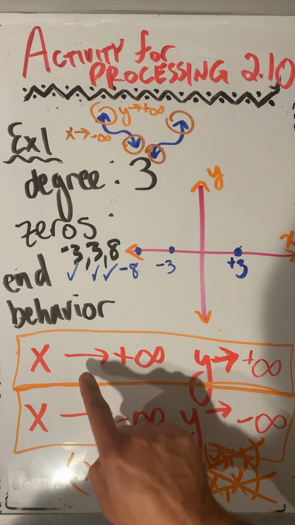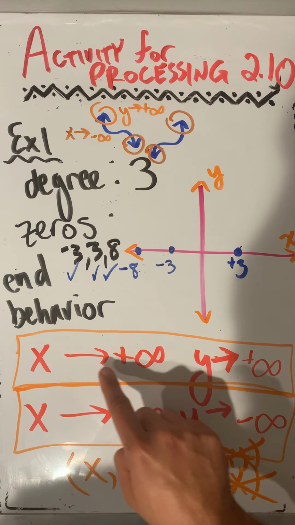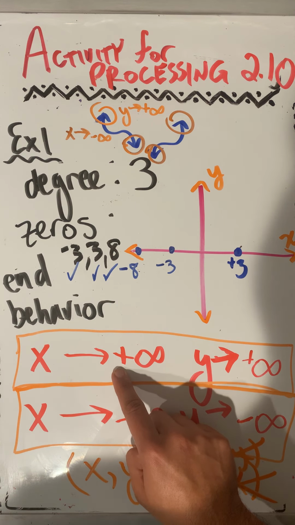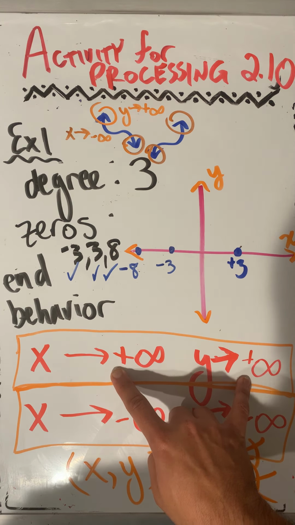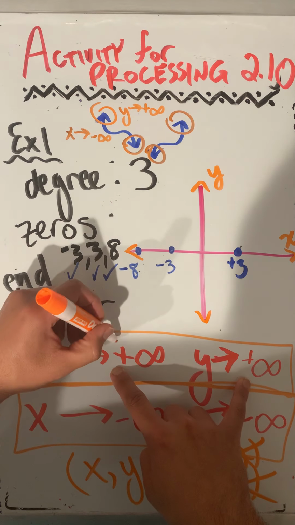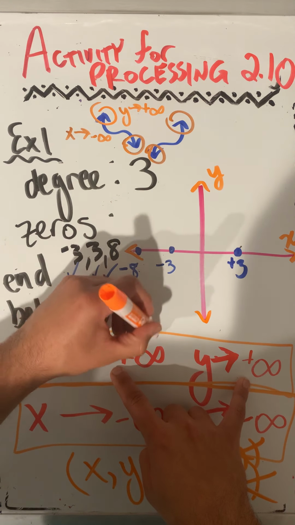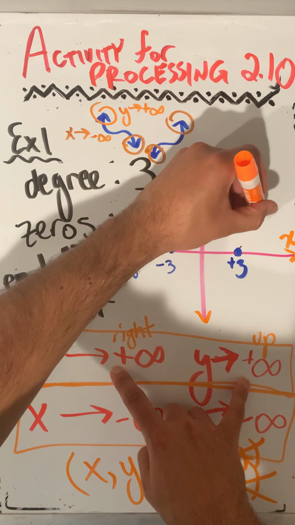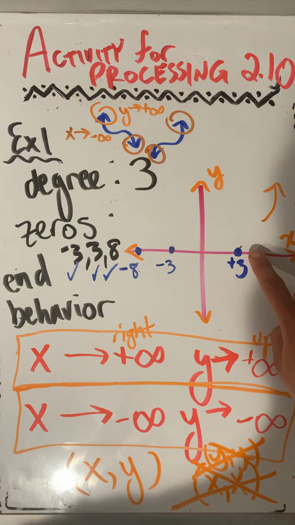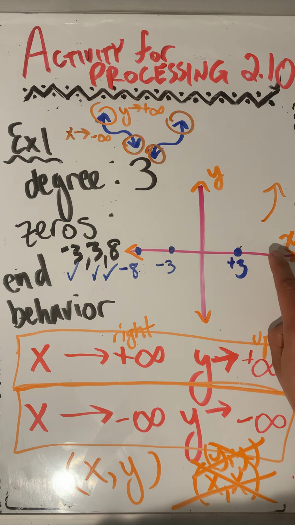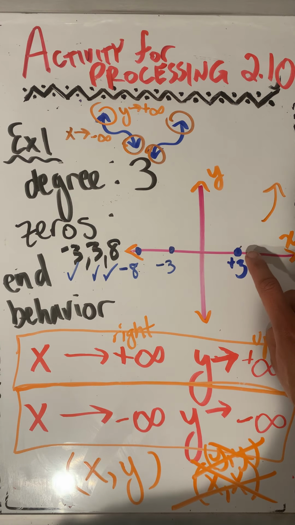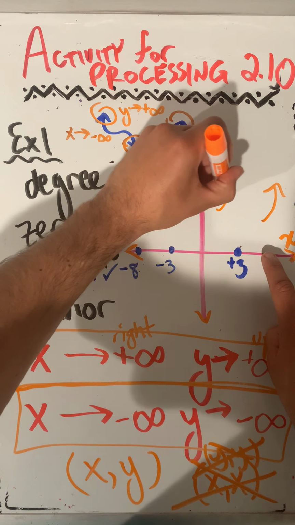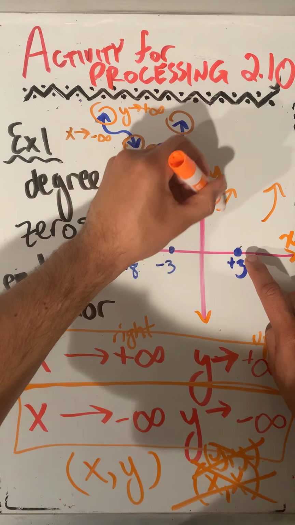Okay, so let me go specifically into this one here. As x gets larger and larger in the positive direction, y gets larger and larger in the positive direction. So this is right, and this is up. So right, up. You will notice that I'm going to draw my end behavior after the 0, because if I put it here, imagine I drew a graph here.